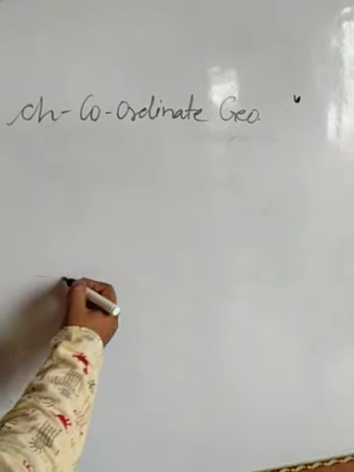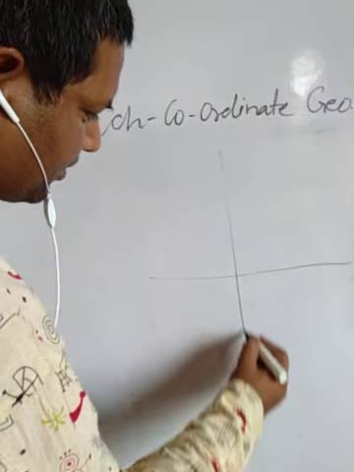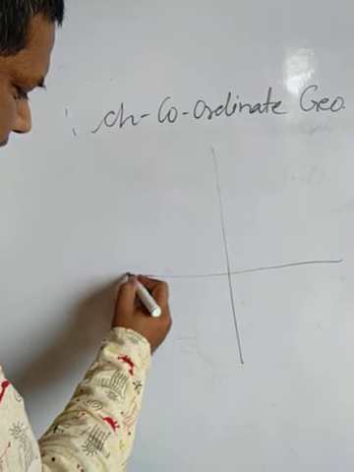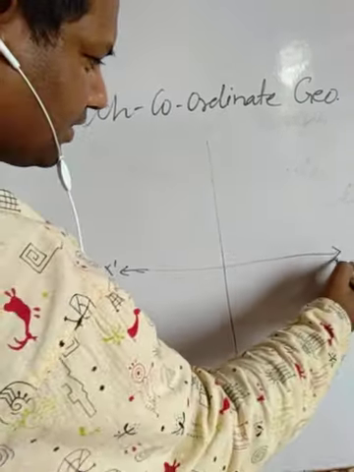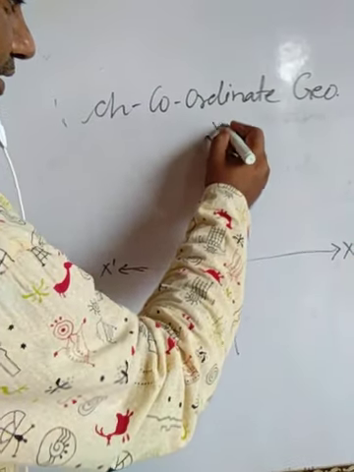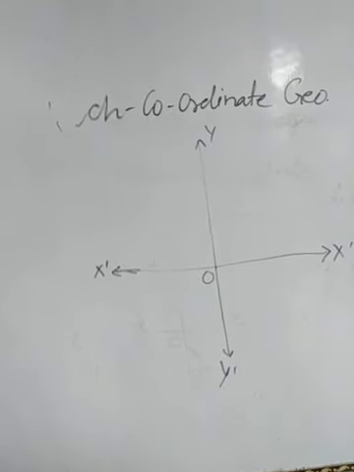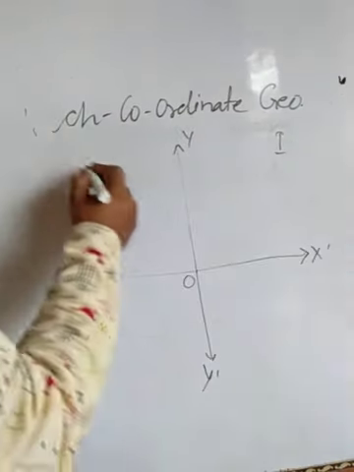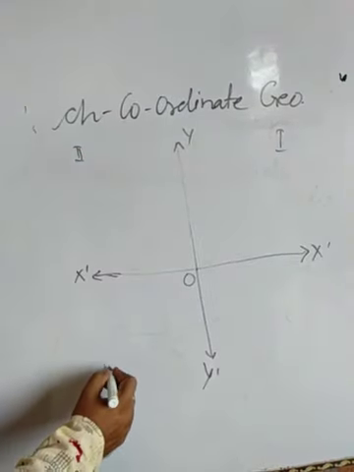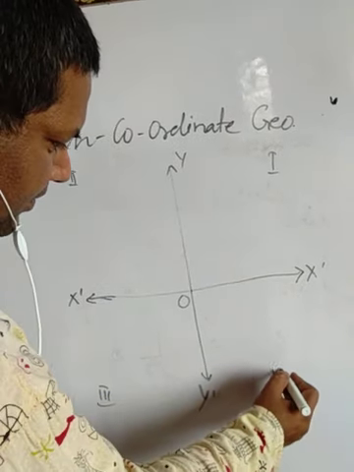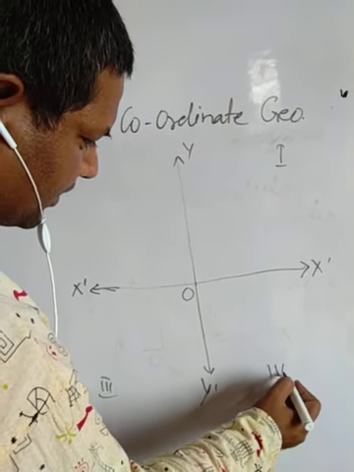Just pay attention, again I have drawn the axes, x dash, this is y, and y dash, origin. As you know, first quadrant, second quadrant, third quadrant and fourth quadrant, right?